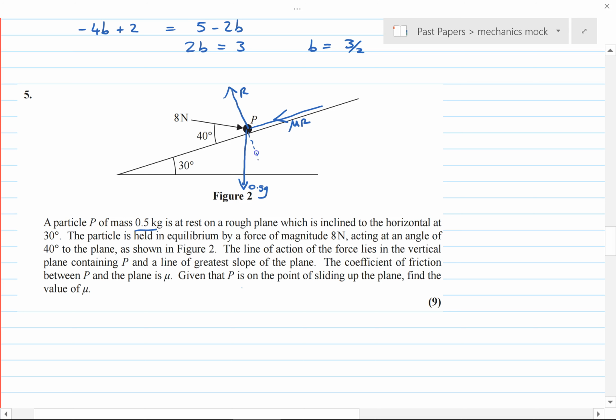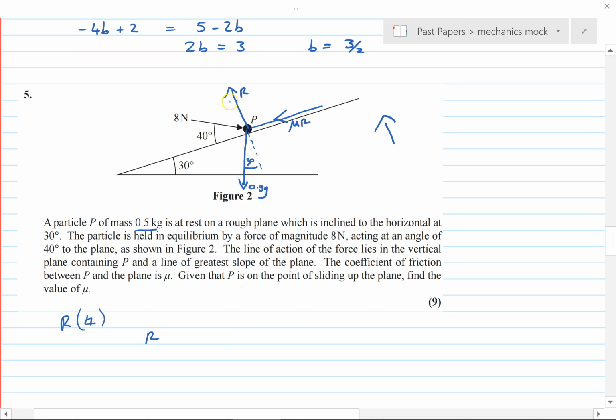Let's mark on the angle 30 degrees here. So it's going to be a good idea to resolve parallel and perpendicular. Let's resolve perpendicular first. So force is going in this direction. Obviously we've got the R force, this force here. Then we've got the components of some forces.